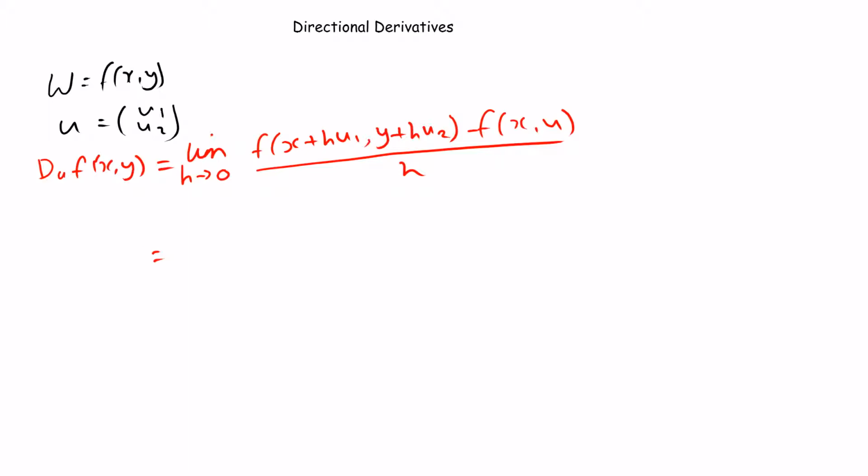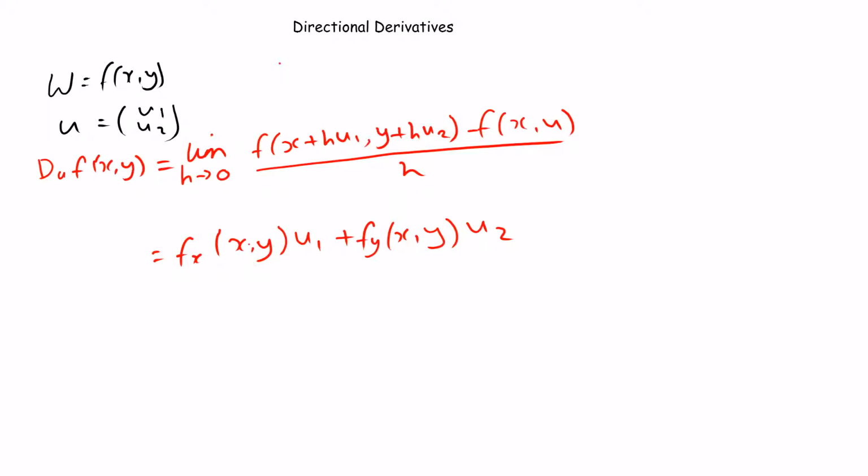If f is a differentiable function of two variables and u is the unit vector u1, u2, then the directional derivative is the partial derivative of f with respect to x times u1 plus the partial derivative of f with respect to y times u2.